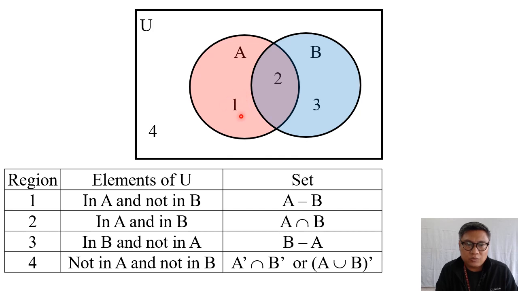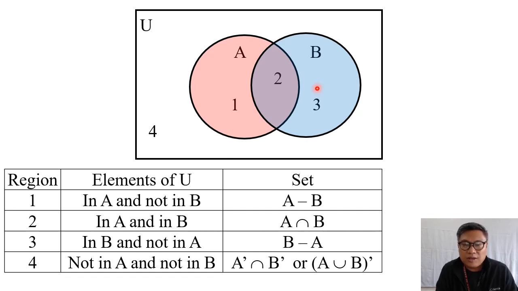Region 1 is where the elements are found in A but not in B. Region 2 is where the elements are found both in A and B. Region 3 has the elements that are found in set B but not in A. And of course, region 4 has the elements or the number of elements that are found in the universal set but not found in either set A or set B.